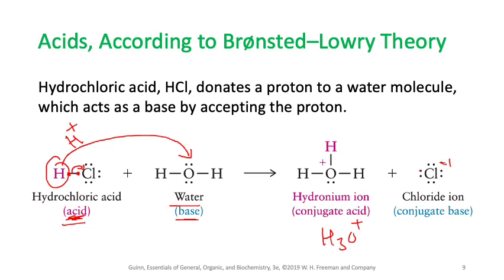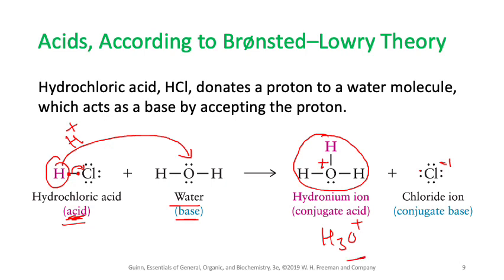Now the proton doesn't have an electron, and how many electrons does hydrogen need to get stable? 2 electrons, and oxygen has a lone pair of electrons, so it can give out the 2 electrons to the proton to complete its octet. That's why the proton can attach to the oxygen, and now you have a hydronium ion with a positive charge on oxygen, because this is the one that donated the electrons, right?